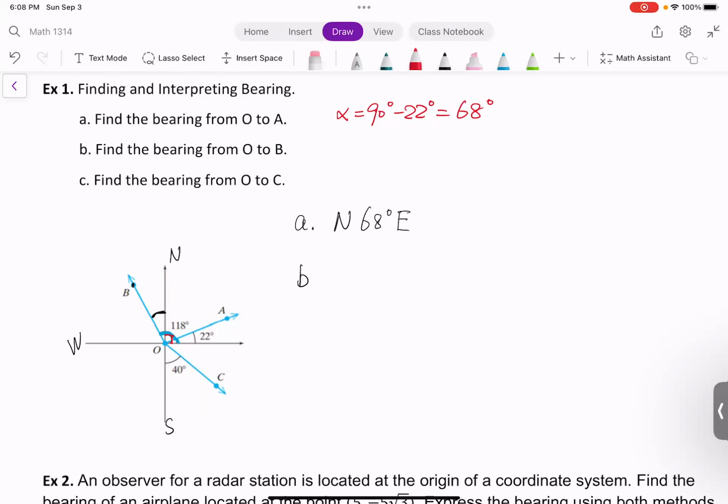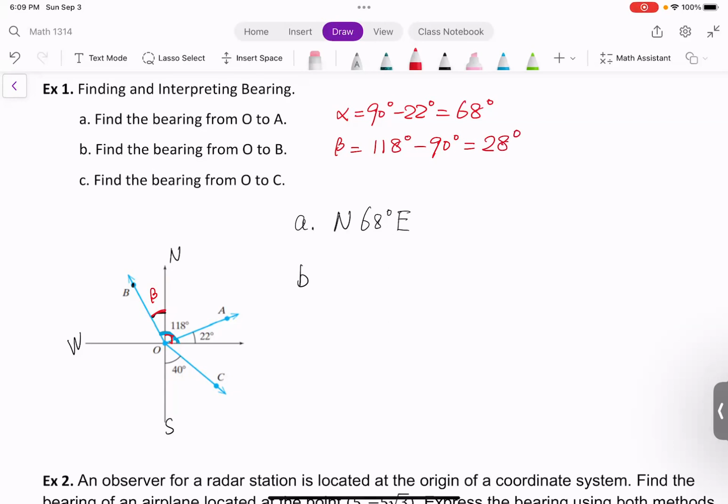So 90 degrees plus this one equals 118. We call this angle beta. So beta equals 118 minus 90 degrees. What is that? That is 28 degrees.